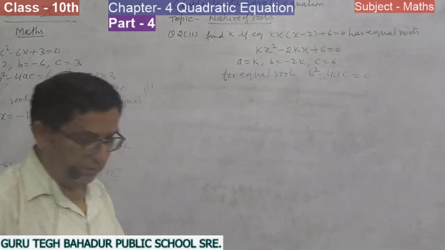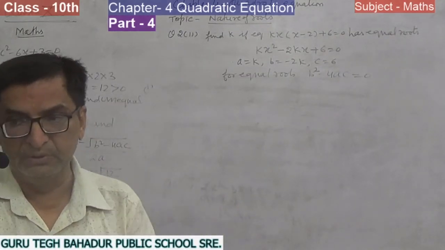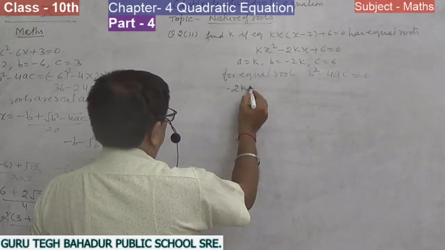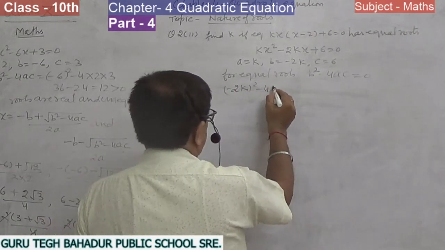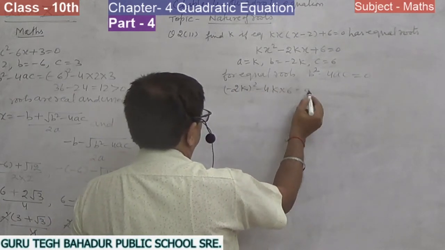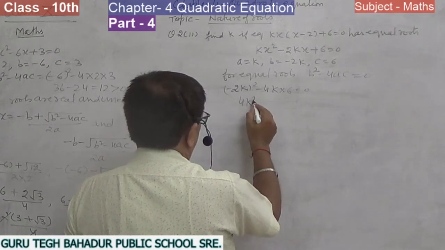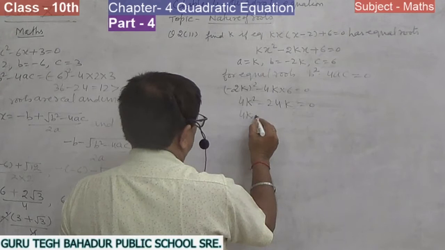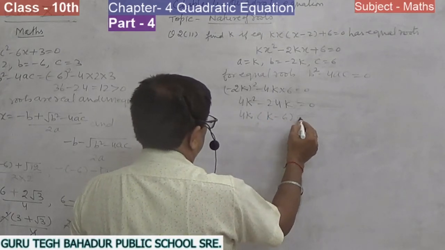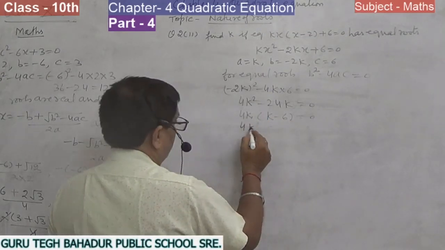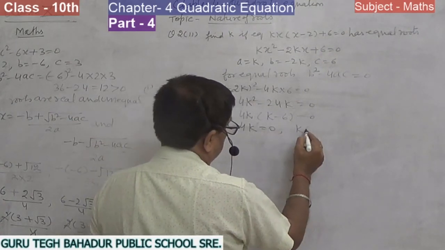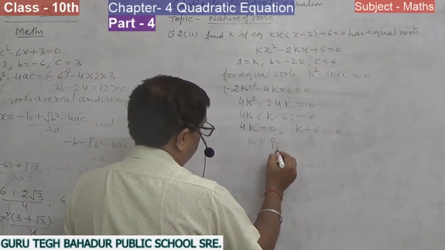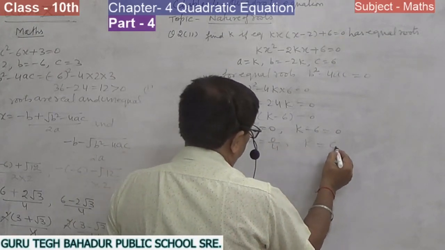Now putting the value, minus 2k square minus 4k into 6, 4k square minus 24k, 4k common, k minus 6 is equal to 0. 4k is equal to 0, k minus 6 is equal to 0, k is equal to 0, k is equal to 6.